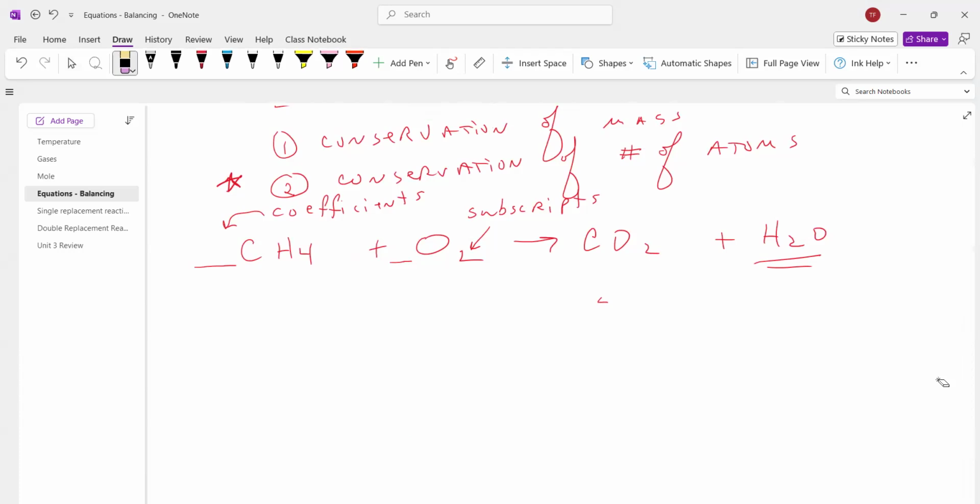We have methane, this is oxygen gas, carbon dioxide, and good old water. This whole reaction is called combustion.